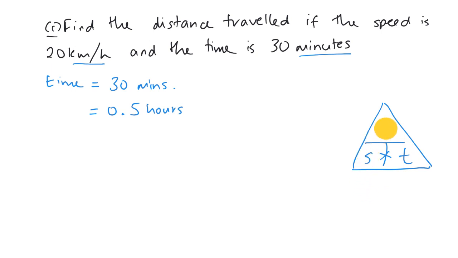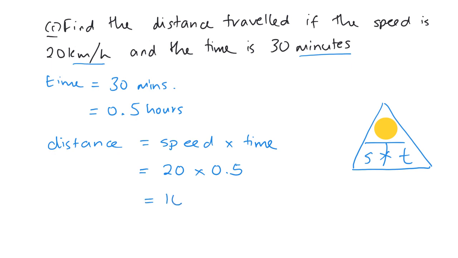So distance, cover over D. So that means that our formula for distance equals S times T, so speed times time. So our speed is 20 times 0.5. So that gives us 10, and our distance then is going to be in kilometres.